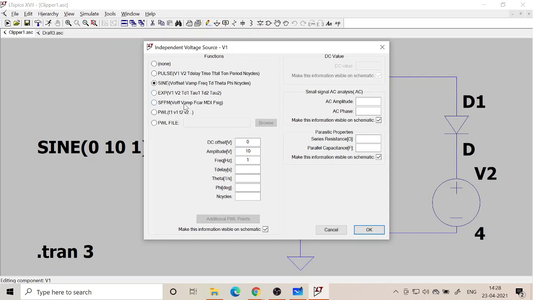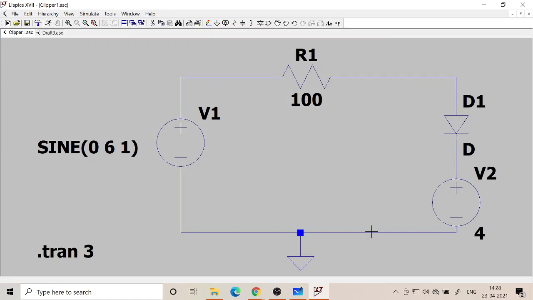I don't see a triangular wave. Okay, so let us use sine wave itself. It is only the shape that would vary. So amplitude I am giving as 6 volt. Frequency is not mentioned, so 1 hertz I have taken.